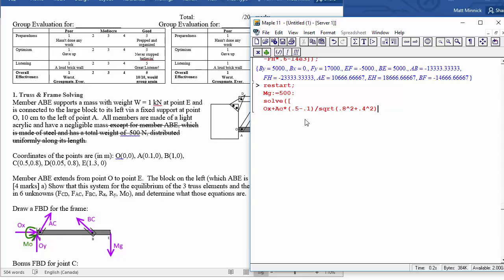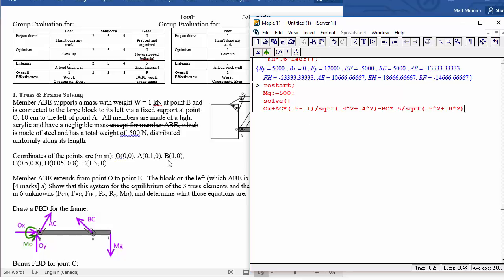And then we're going to subtract off BC's x component. I guess I'll write this with a capital to keep the notation. BC and its x component, we're going to look at B to C. So that's a negative 0.5, but we've already subtracted. So we'll say 0.5 over the square root of that 0.5 squared plus 0.8 squared.